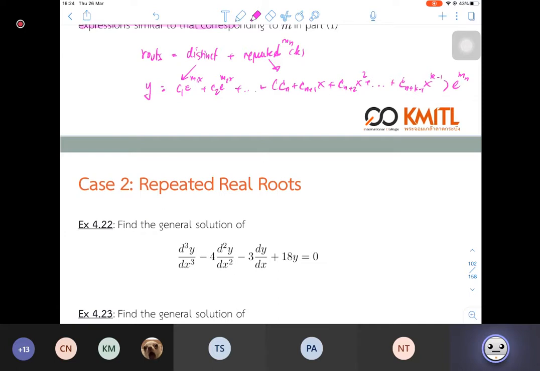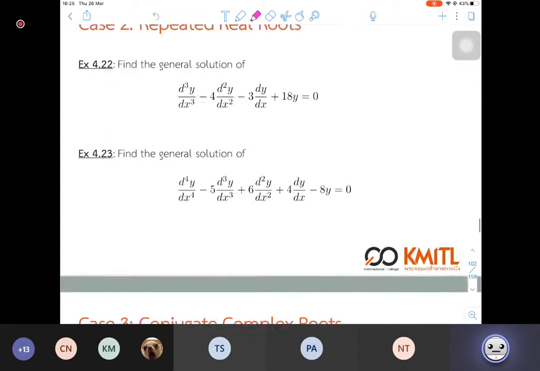Okay, so if you have two parts, you're going to have the general solution for the distinct part and also the repeated part together.